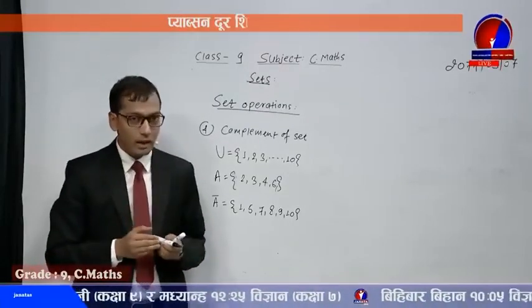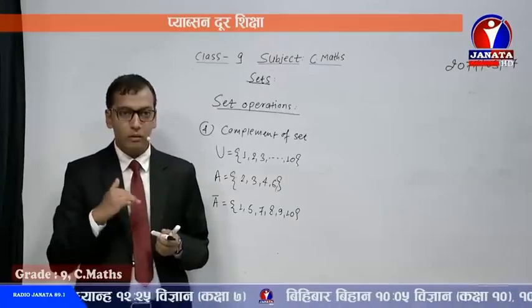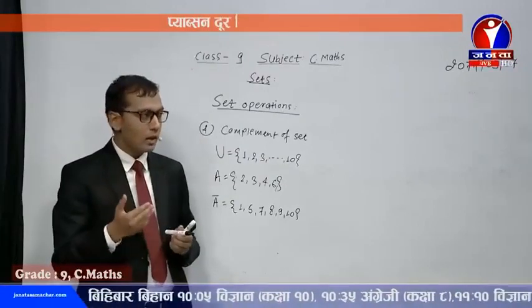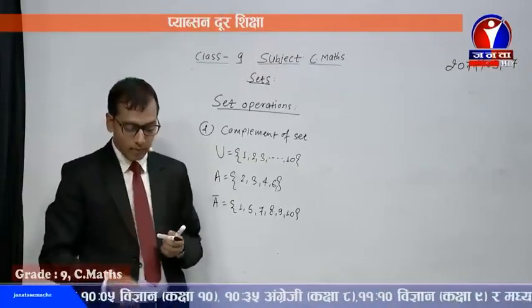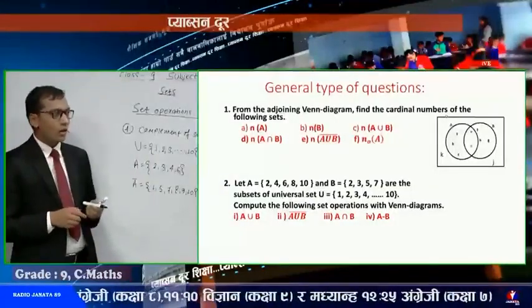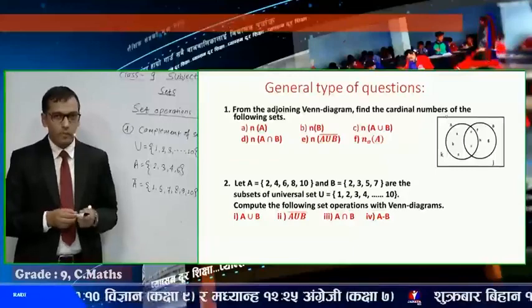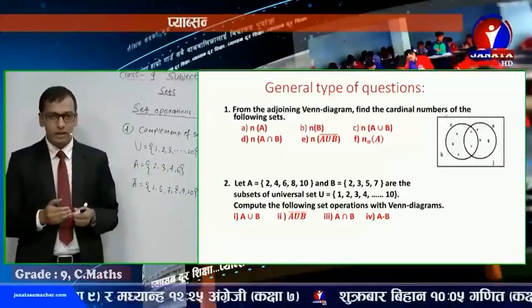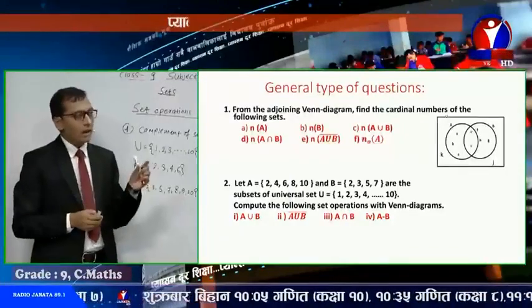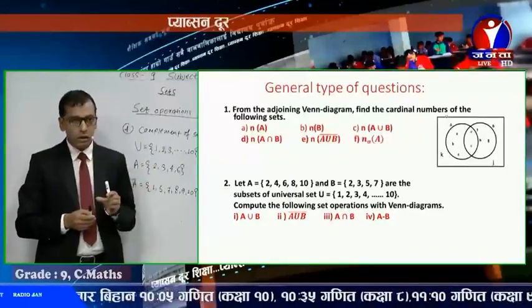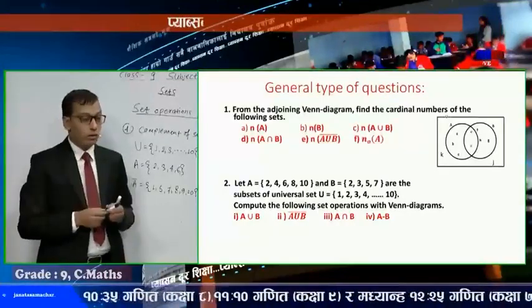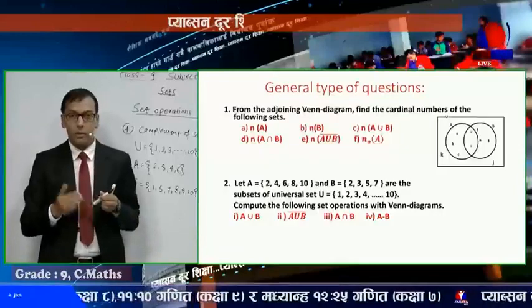But this topic is already discussed in different questions. I tried to connect cardinal number, cardinality of set, in different examples. Today's main objective is what the different set operations are, how is the diagram, and how to name different set operations.